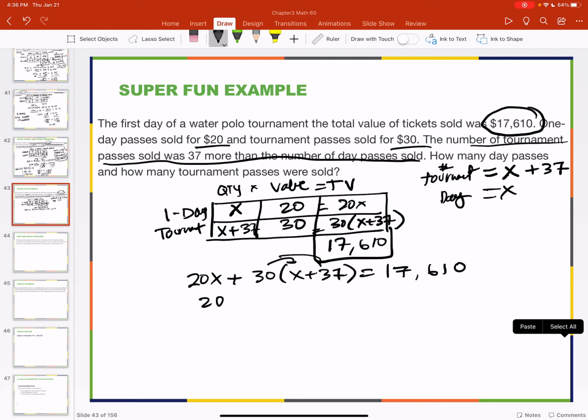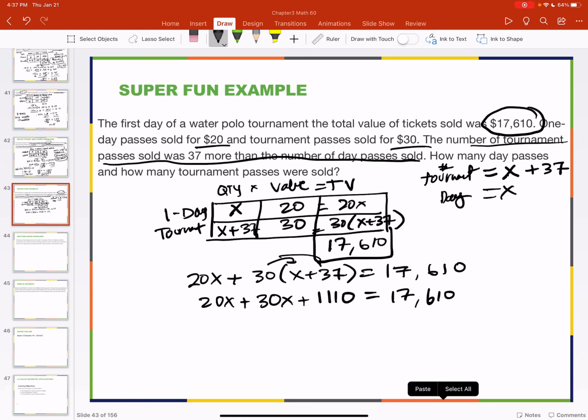Distributing the 30, we get 30X plus, and then what is 37 times 30? 1,110 is equal to 17,610. So combining like terms, we get 50X plus 1,110 is equal to 17,610.